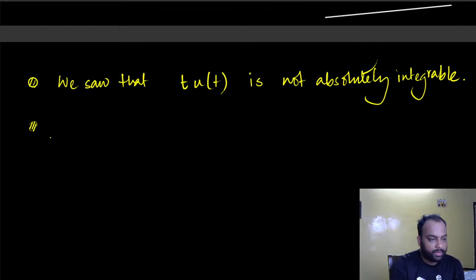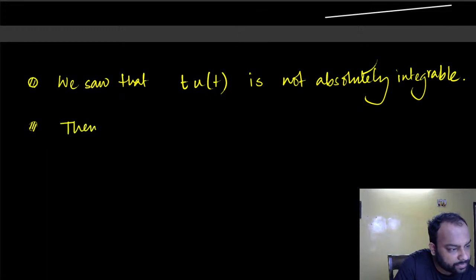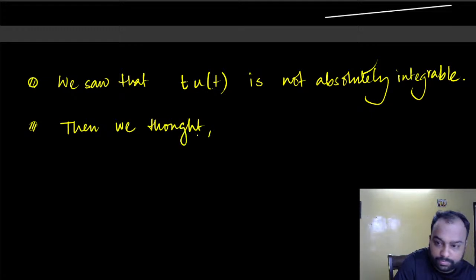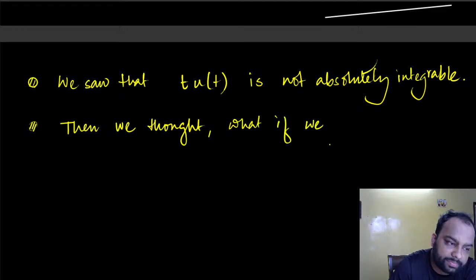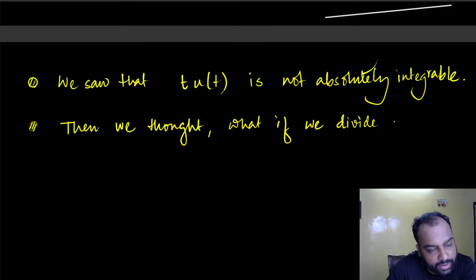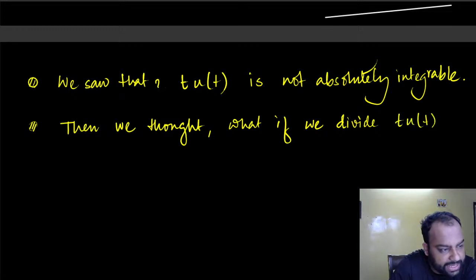Then we thought, what if we divide t u(t), rather that's x(t), it's just x(t).